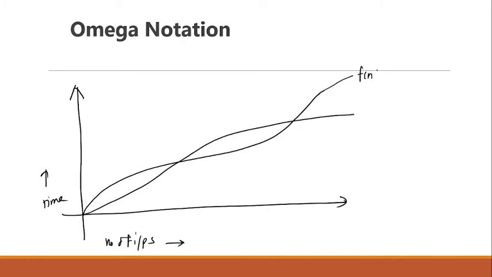Here this will be f of n and this will be c dot g of n. Obviously that is happening beyond a threshold which we plot as n0. You can clearly see we don't know what happens for values of n less than n0. But for n greater than or equal to n0, c dot g of n will always be less than or equal to f of n. Okay, so let us take an example.